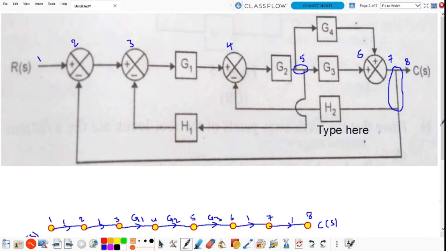And after that, the feedback loops. From node 5 to node 6, this is the loop, and the gain is G4.